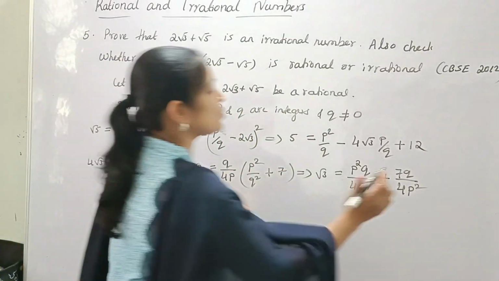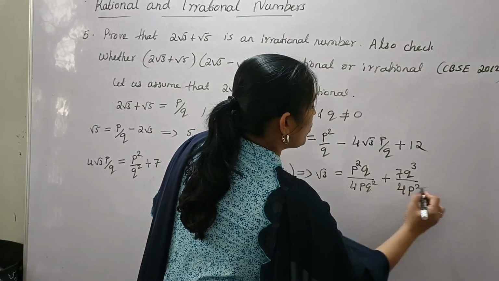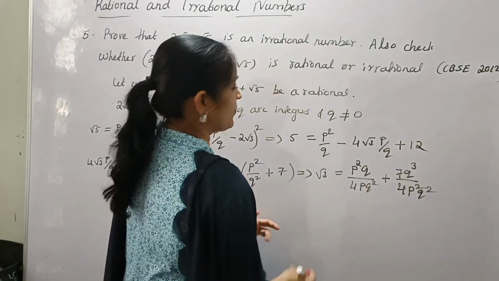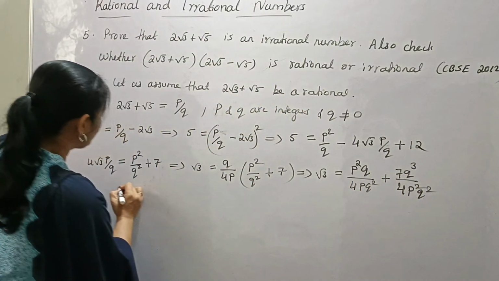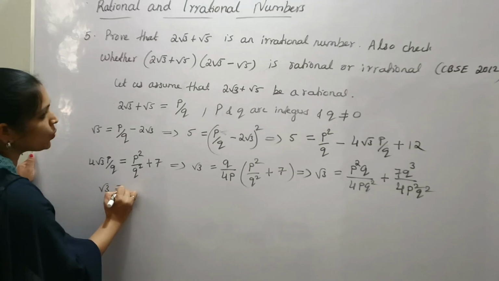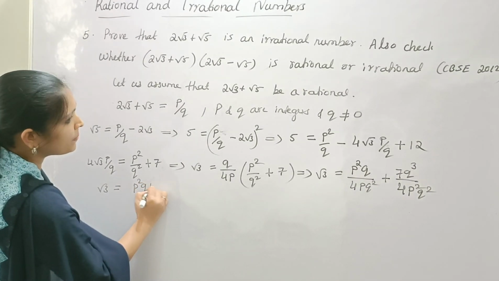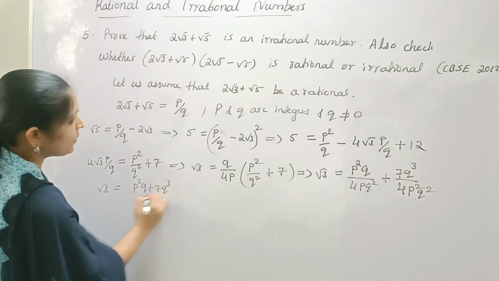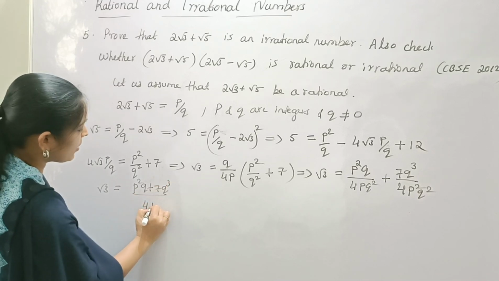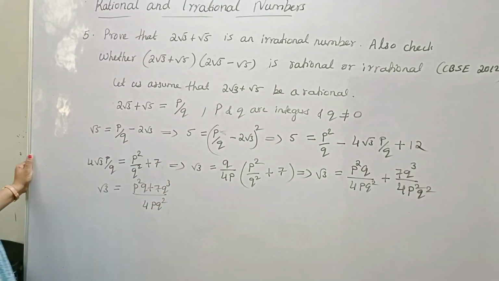Here it is q square, so you will get q cube divided by q square. Then root 3 is equal to p square q plus 7q cube divided by 4pq square.